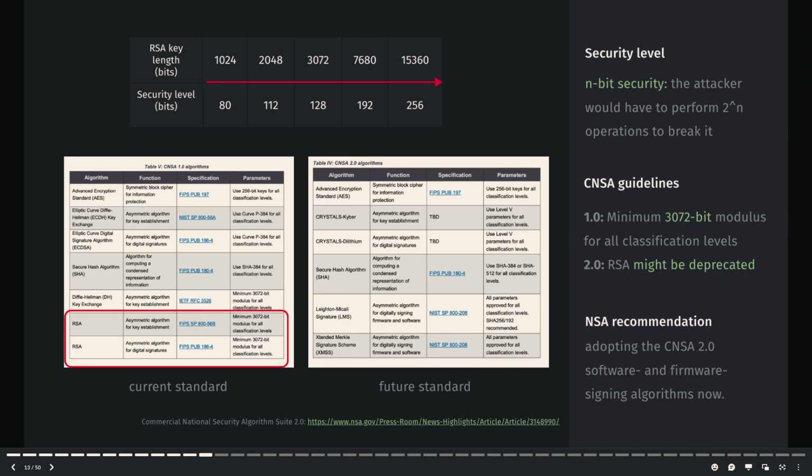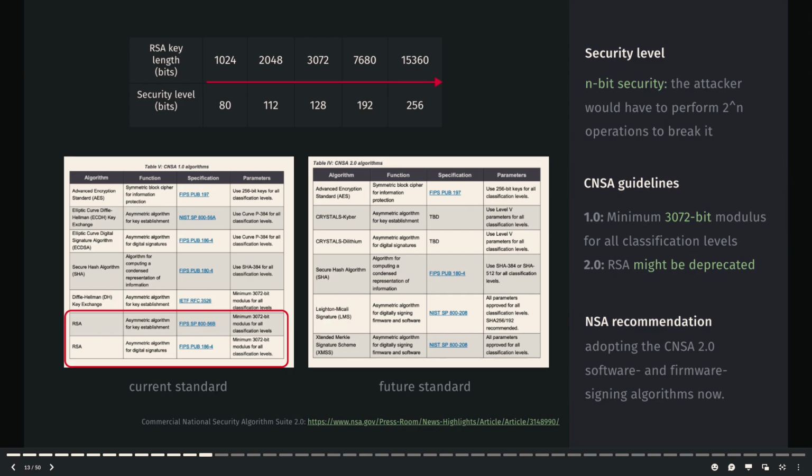In CNSA 1.0, which is the current standard, a minimum of 3072-bit RSA key is suggested. However, the proposed future standard, CNSA 2.0, removes RSA entirely and suggests that it should be deprecated at that time. I've linked some helpful resources at the end, so check them out if you want to know more about the latest updates.